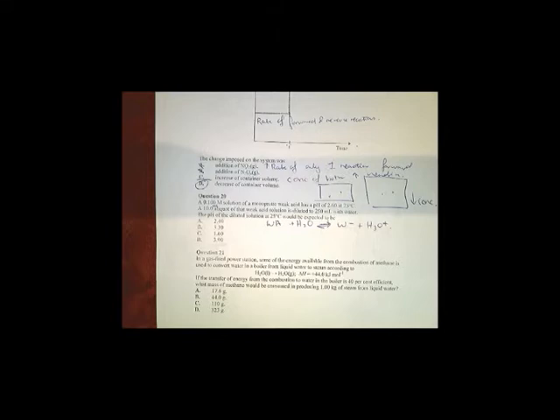Basically, a 0.1 M solution of a weak acid plus H2O produces A negative, the conjugate base, plus H3O plus. A 10 mL aliquot of that weak acid is diluted to 250 mL with water.